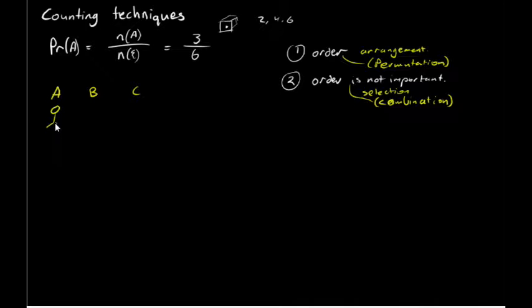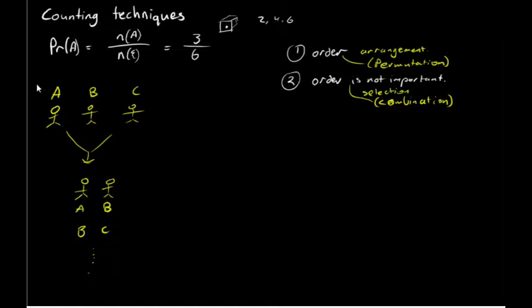So person A, B, and C. So I'm going to select two and I'm going to stand them next to each other. So I'm interested, how many different ways can I put them? So first one is A and B next to each other. Another might be when B and C are next to each other. And I need to work out how many different ways I can do that.